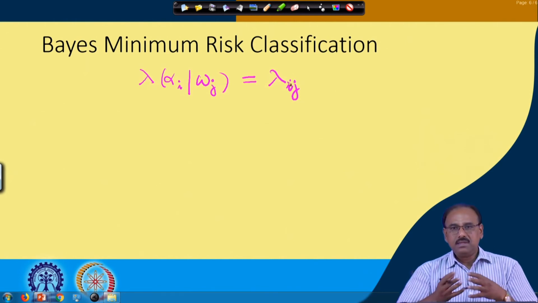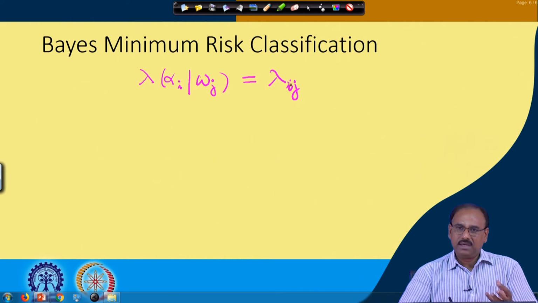So, if i is equal to j, that means I am taking the correct action. It belongs to class omega j, and my decision is it belongs to class omega j, and it actually belongs to class omega j. So, in that case, the loss that I incur is 0.